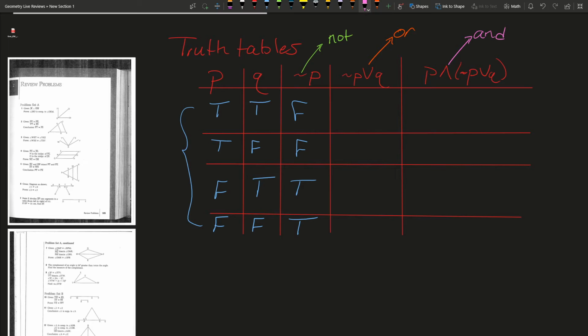So not P or Q. Not P in this case is false. So false or Q, which is true. Because one of these are true, the entire statement is true. Okay, again, not P is false. Q is also false. Because both of these are false, this statement is false.